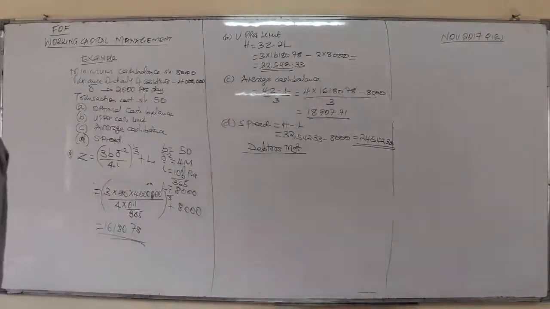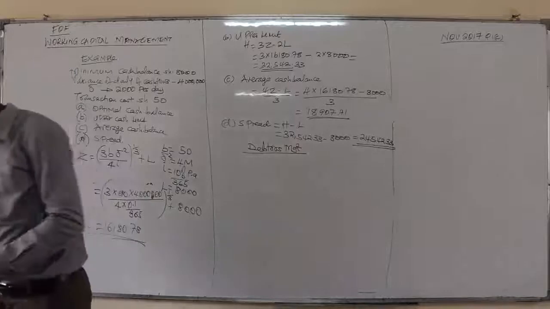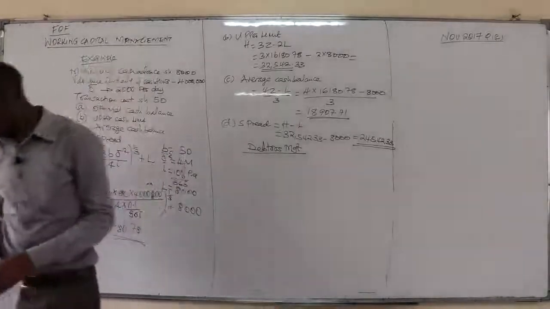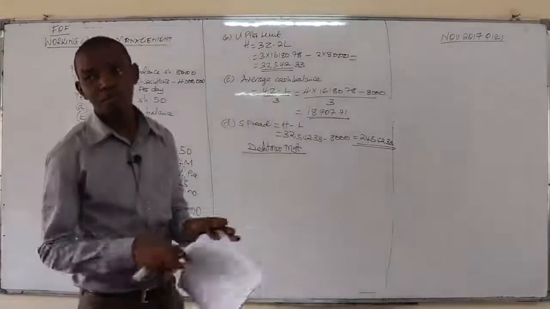Collection period would change to 3 months. Bad debt losses would be expected to be 3% of the increased sales, and collection costs were expected to increase by 20,000. You are required to advise the company on whether to relax the credit policy.